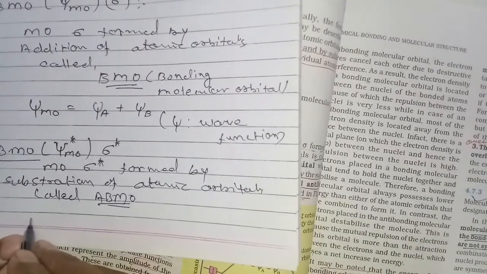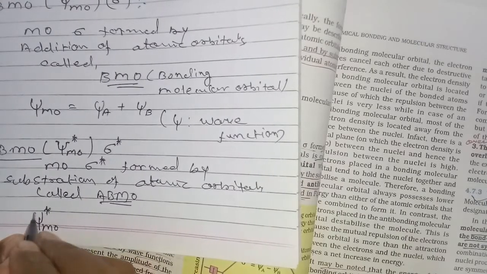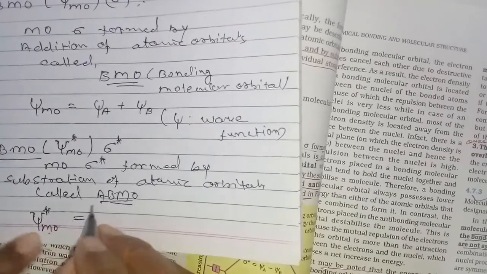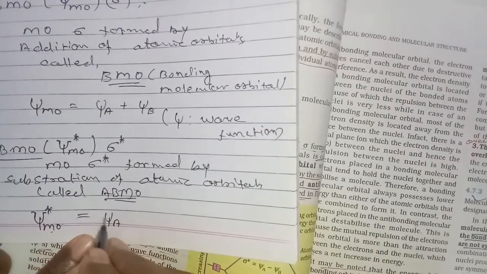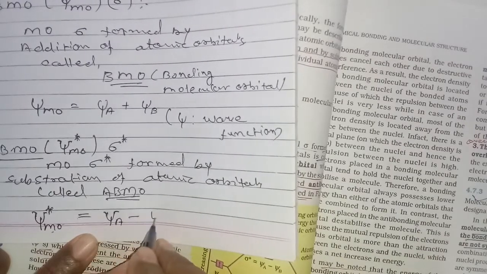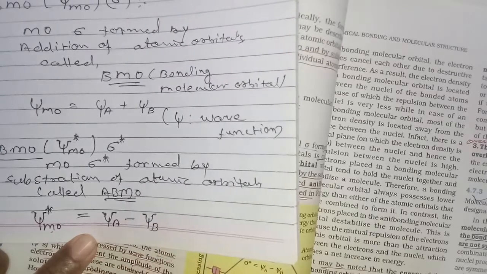It is written as psi asterisk, where the molecular orbital is equal to psi A minus psi B.